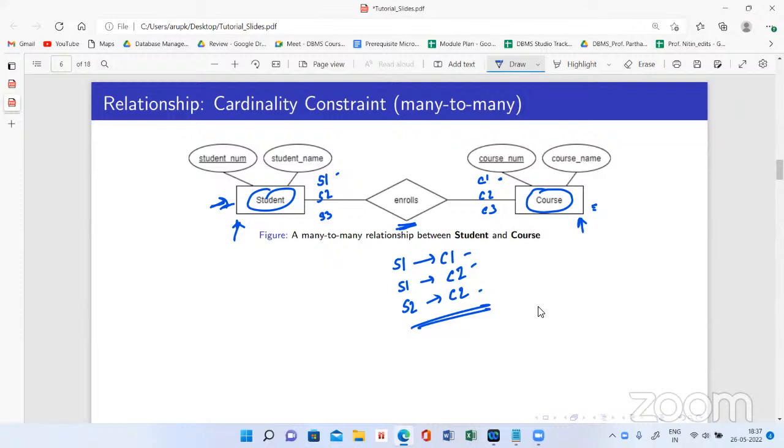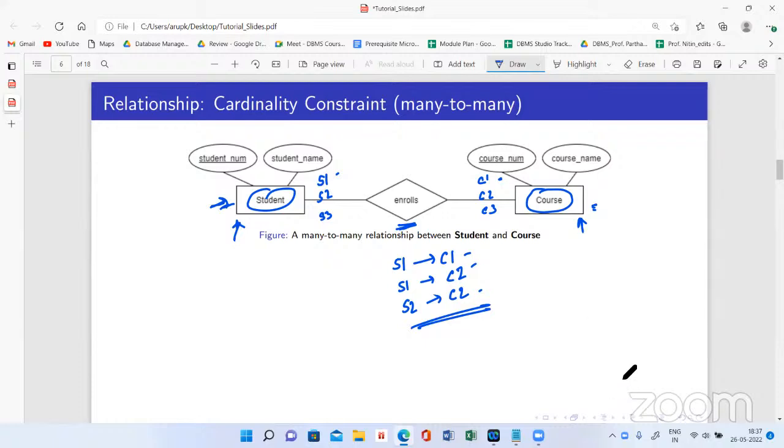It's called a many to many case, or n to n. Any number of students can take a particular course, and any number of courses can be taken by a student.